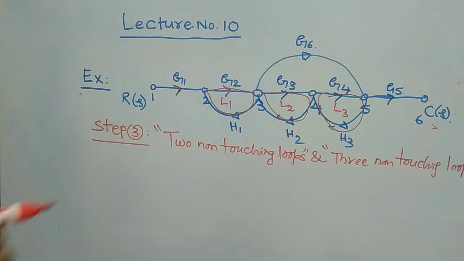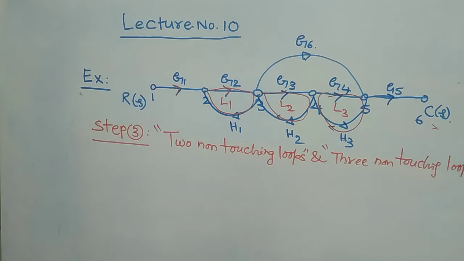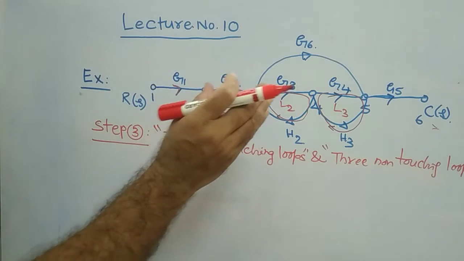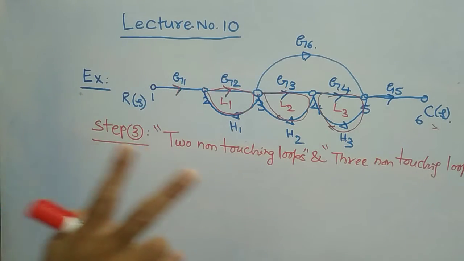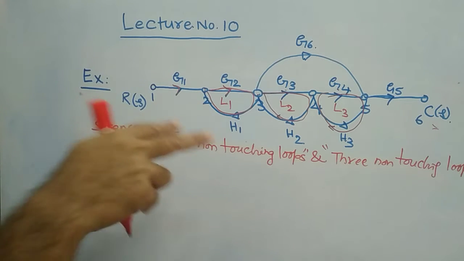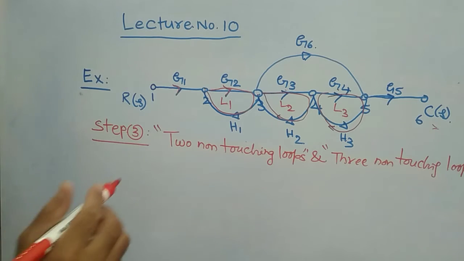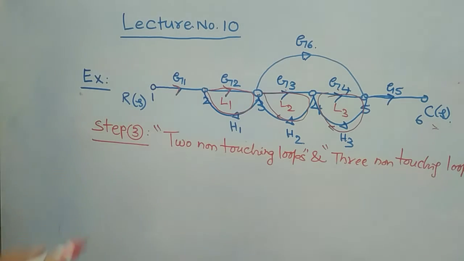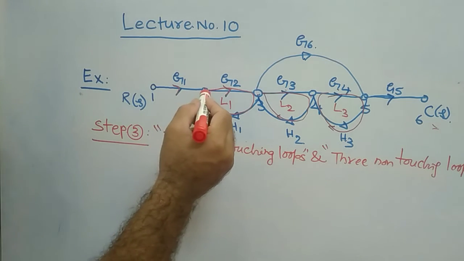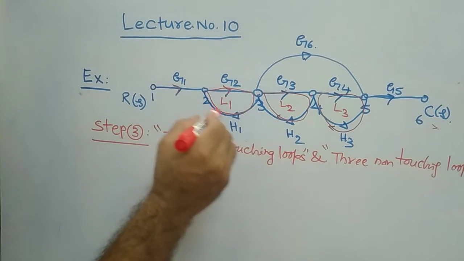So here, let us see the first one, 2 non-touching loops. 2 non-touching loops means you have to find 2 individual loops, and those 2 loops should not touch each other. That is the meaning of it. For this concept, how to identify? Let us consider the first loop, 2 to 3, this is your loop 1.